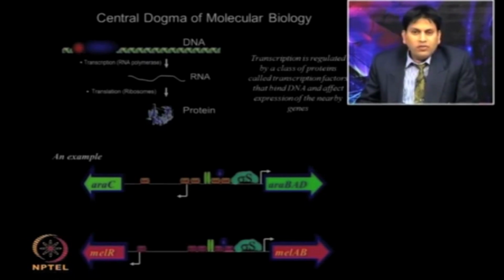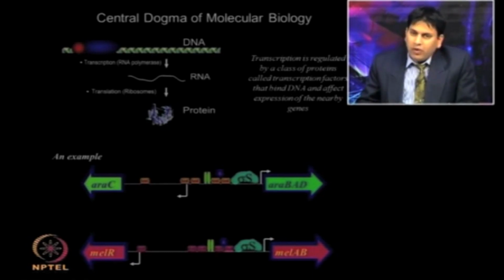There are many cases actually where multiple transcription factors bind to the upstream regions, as you can see in this case represented with the orange box as well as the blue circle, where other transcription factors bind.